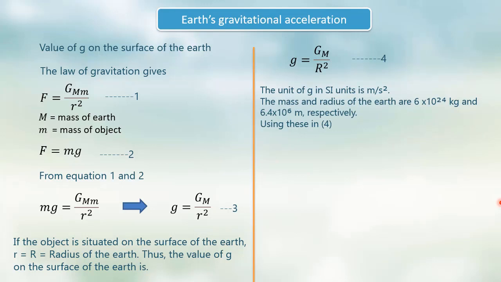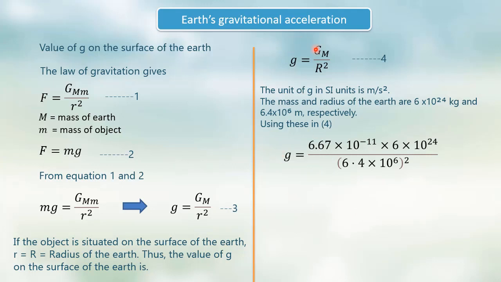The mass and the radius of the earth are 6 into 10 raised to 24 kg and 6.4 into 10 raised to 6 meter. Means here mass is 6 into 10 raised to 24 and radius is 6.4 into 10 raised to 6. So using equation number 4, we will put the value in this equation.